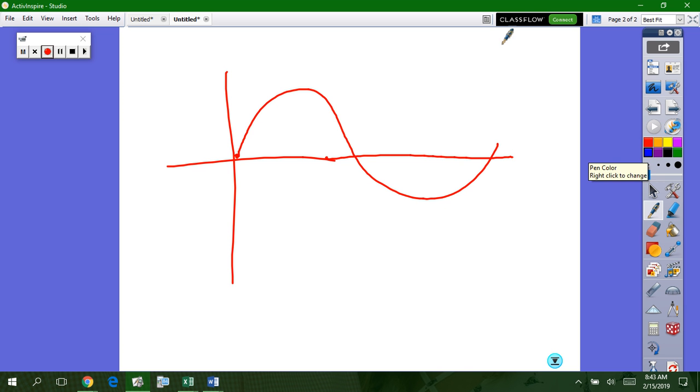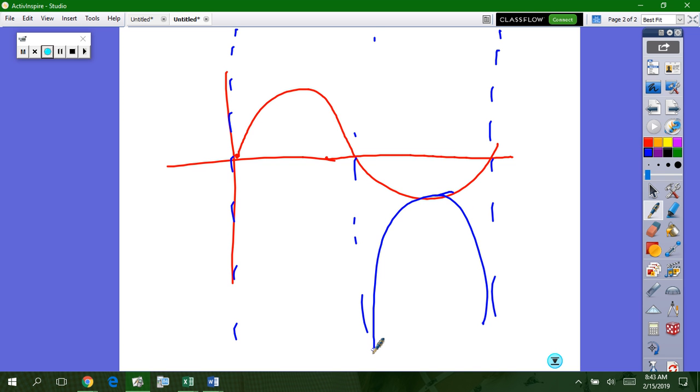So notice we have an asymptote here, here, here. You're there with me? And then go off the hump. Does that make sense how you do a graph of a secant or a cosecant?